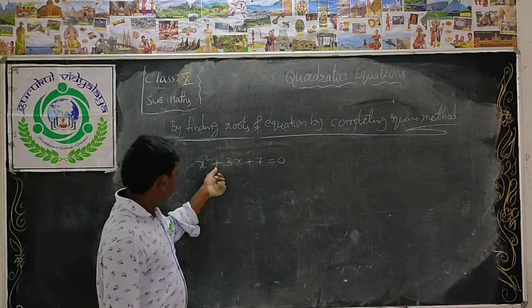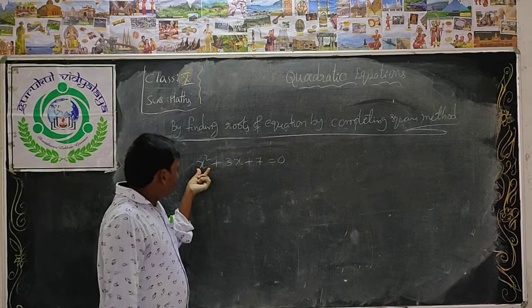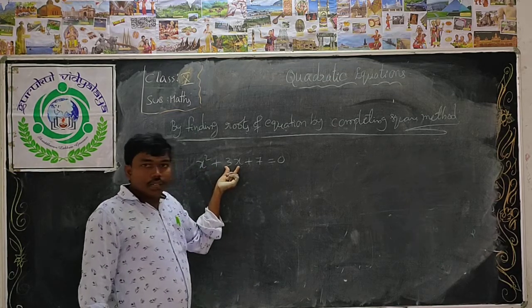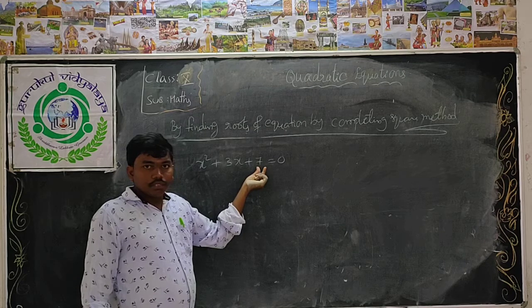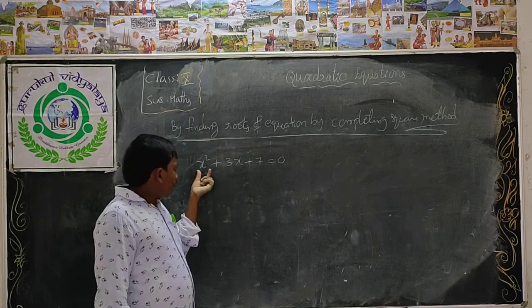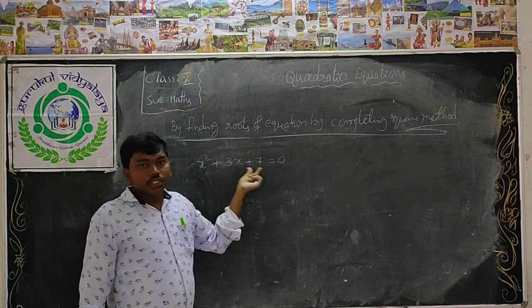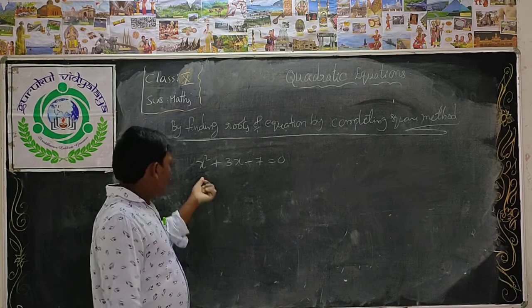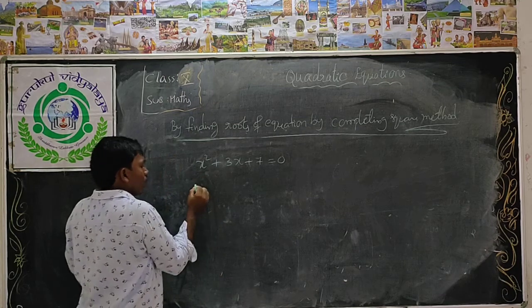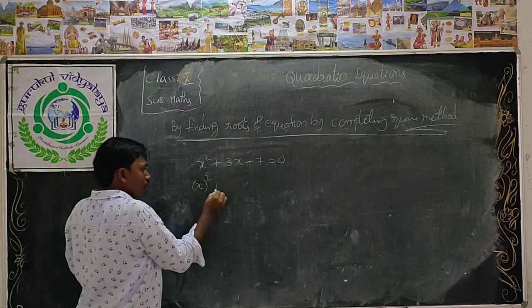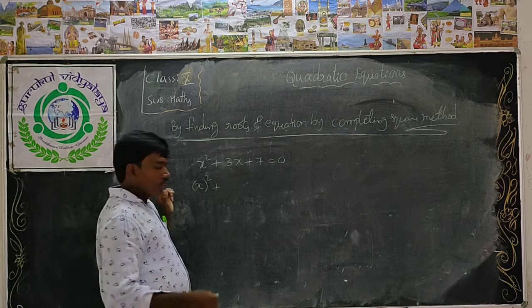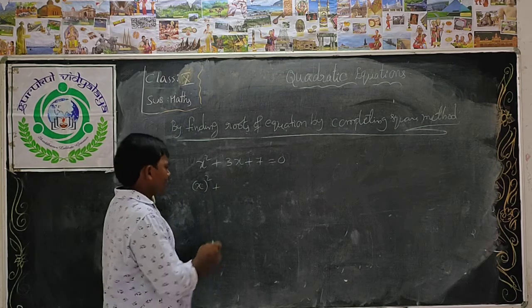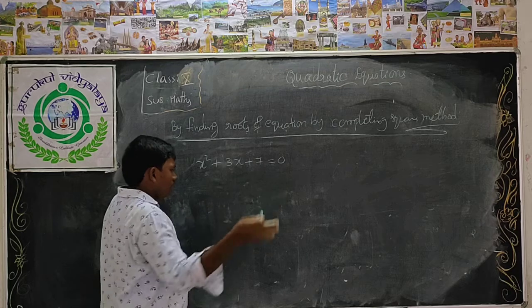Why? Because here plus is there. This is the a square term, this is the 2ab term, this is the b square term. See, a square means only x. There is no 2.